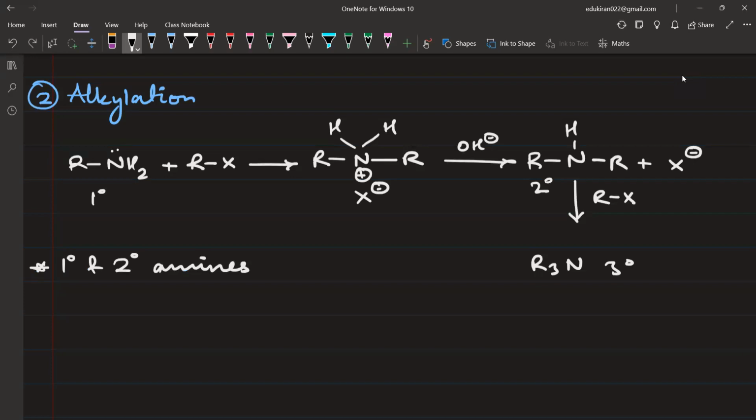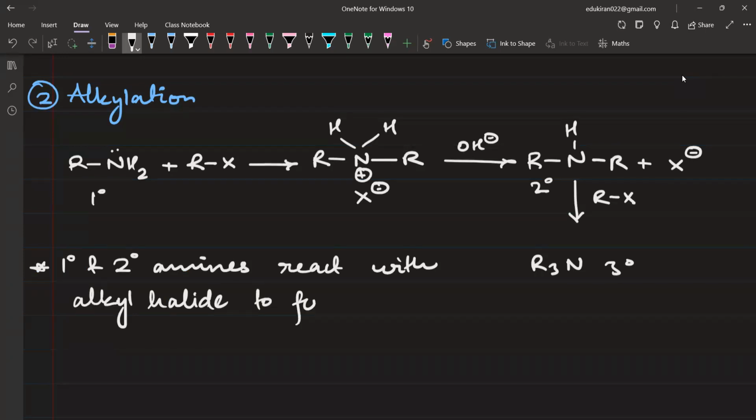1 degree and 2 degree amines react with alkyl halide to form 3 degree amines.